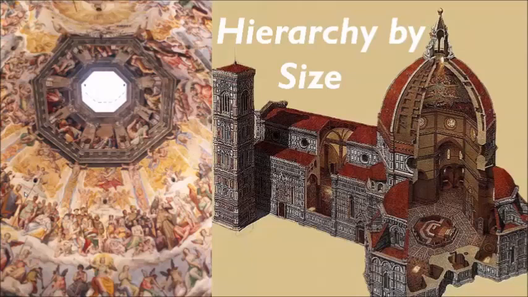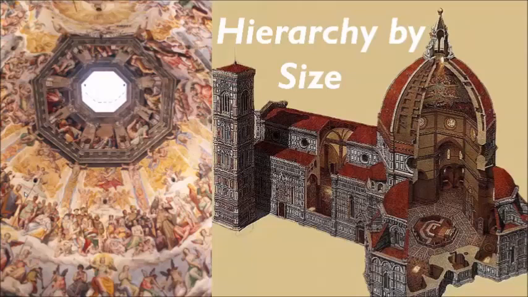On the right hand side, this is a digital image of a cutaway of the construction of the dome, and on the exterior you can see the marble paneling. There are all these beautiful green and white marble panels, and that in itself is quite unique.